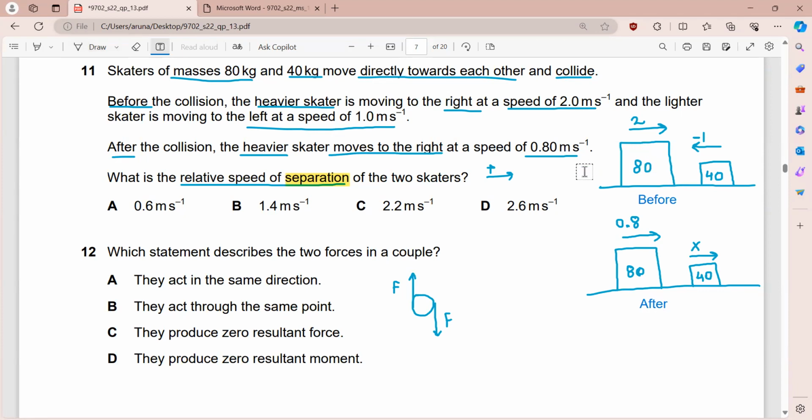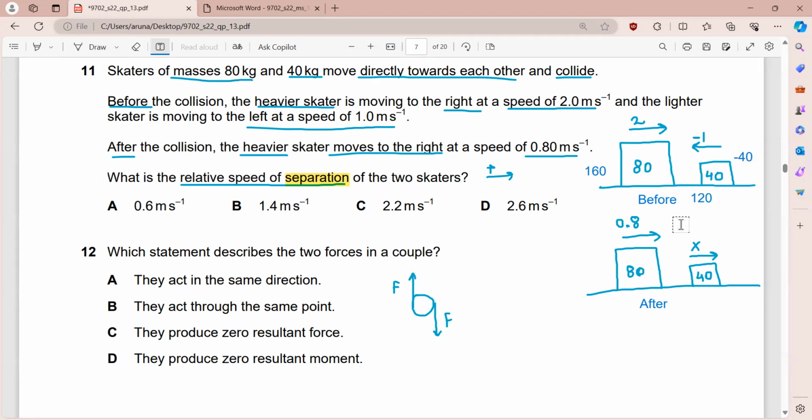So this has a momentum of 160. And this will have a momentum of 40 times minus 1, which is minus 40. So the total momentum before collision will be 160 minus 40, which is 120.